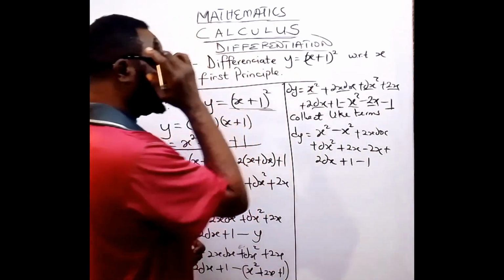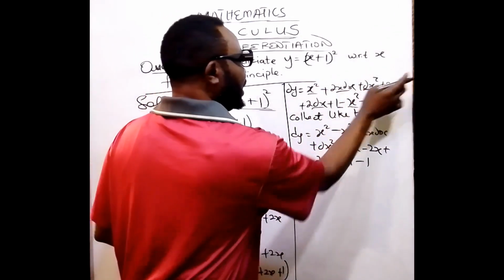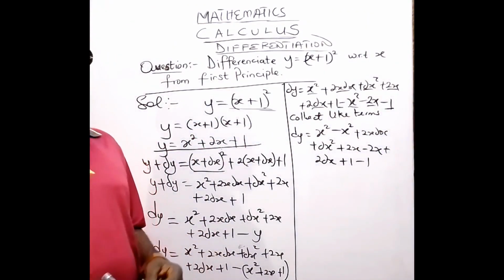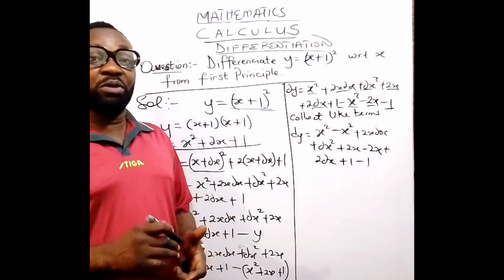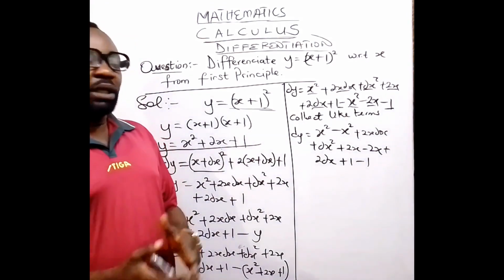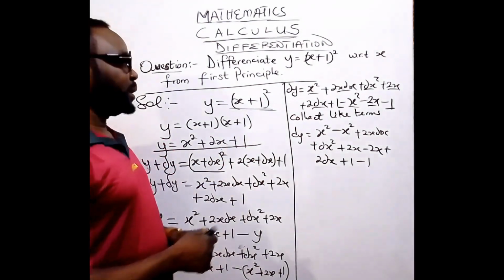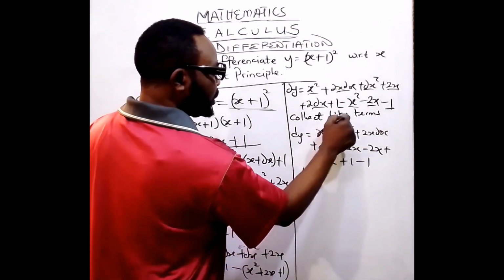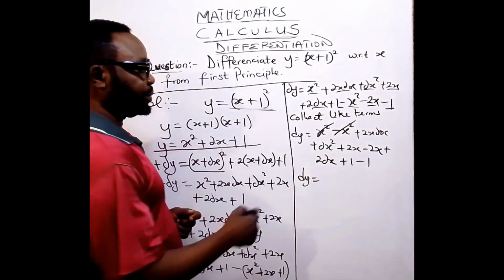You can see that I've been able to underline all the terms I pick one after the other. So I've been able to choose everything. You have to do that in order to make sure that you have already moved everything into this part. So we're going to have dy now equal to x squared minus x squared will be 0.